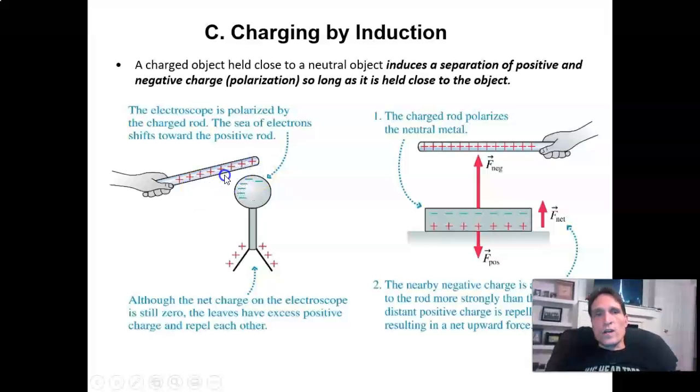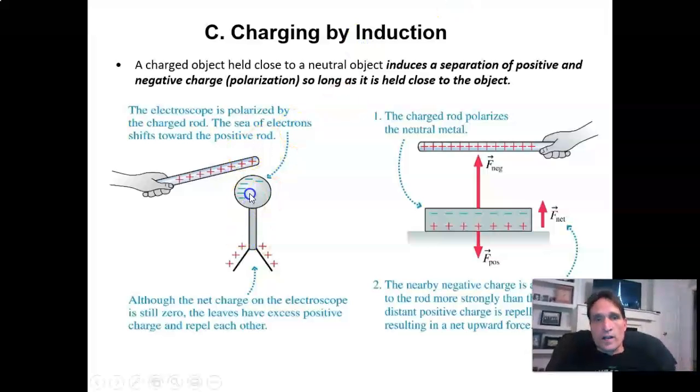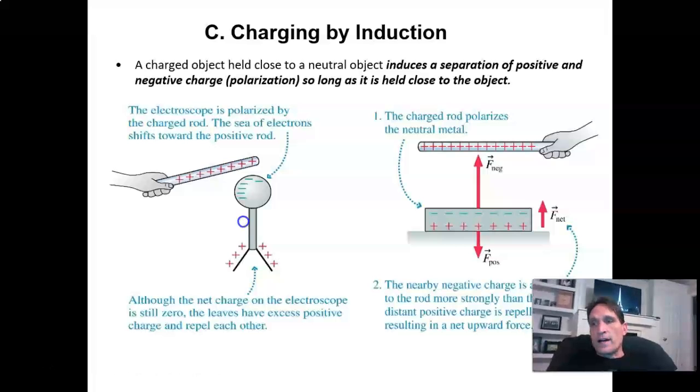As long as we hold this rod close to the metal, we will induce a separation of charge. And then when we remove the rod, so now we move the rod back away from the metal, the negative and the positive charge will attract one another, and the metal will return to its initial uncharged state. So when you bring a charged object close to a metal, you temporarily induce a separation of charge, and that's called charging by induction.